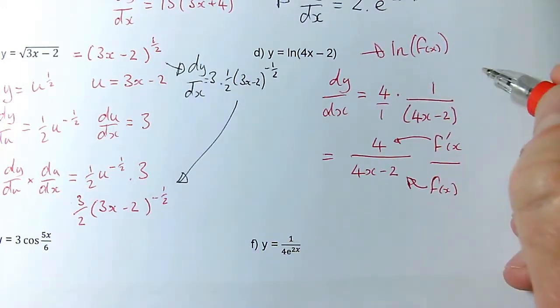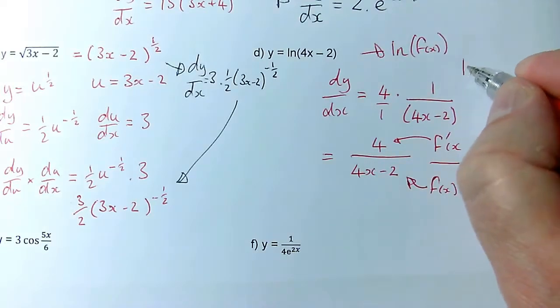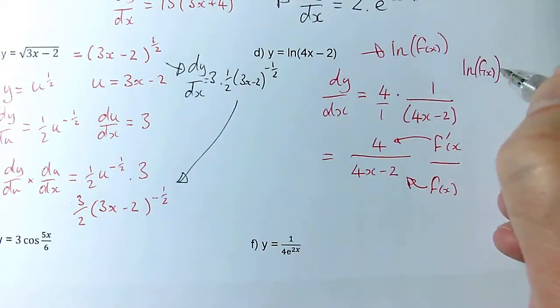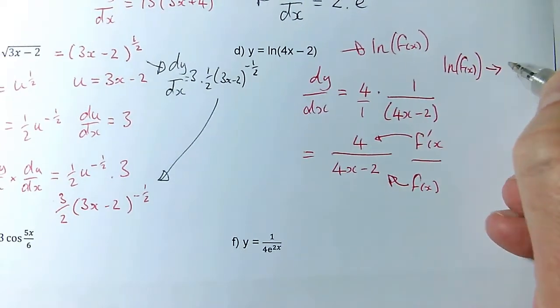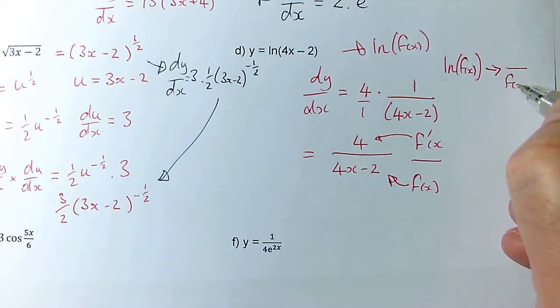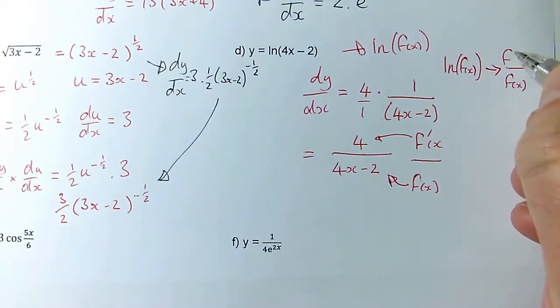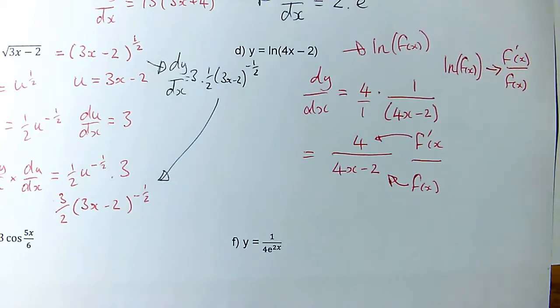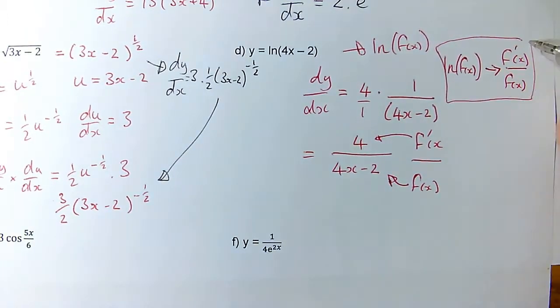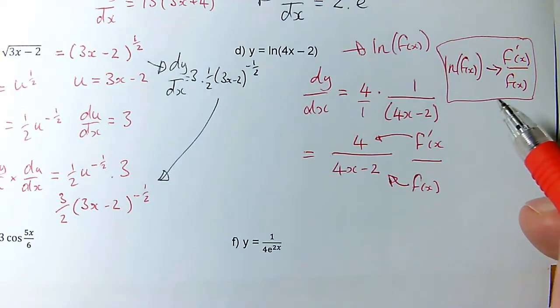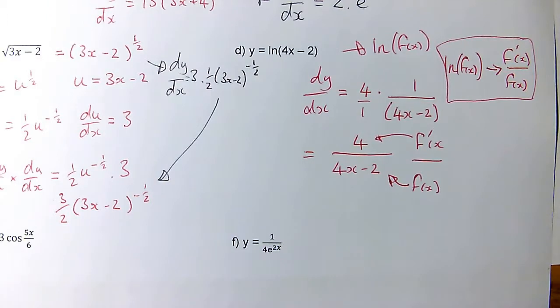So the rule that I am going to want you to learn for differentiating log of f of x is that when you differentiate that, it goes to a fraction with f of x on the bottom, that's whatever was inside the log, and then you differentiate whatever is on the bottom of the fraction to get the top of the fraction. So that is a rule to make a note of and learn. Make sure that you've got a version of that rule in your notes. You can pop it on the previous page where you've got that summary of your differentiation rules.